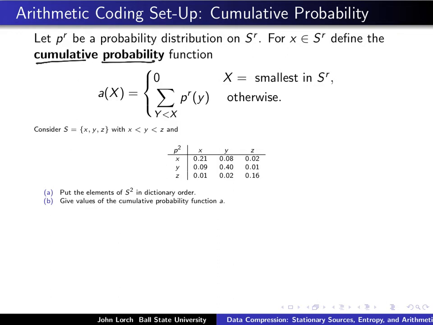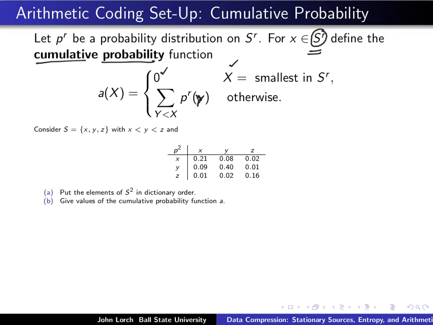We've got strings of length R on alphabet S, and we're going to assume that there's an order on S that induces the dictionary order, which we just talked about, on strings of length R. Now, the cumulative probability function is going to assign the value 0 to the very smallest string in S sub R. And then for all other strings, if you want the cumulative probability function of that string, you just add up all the probabilities of the strictly smaller strings.